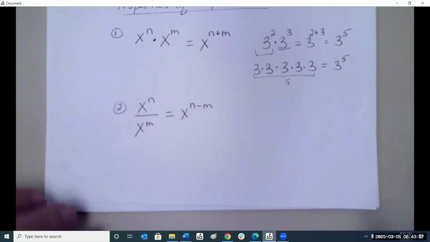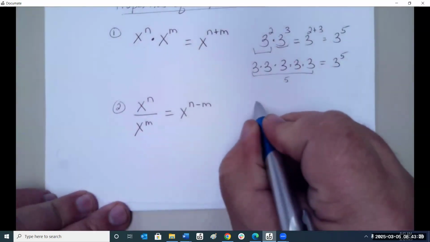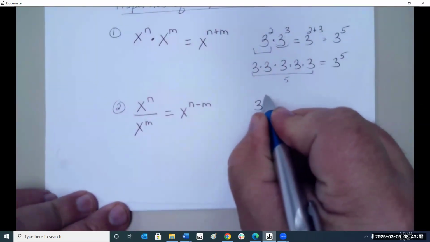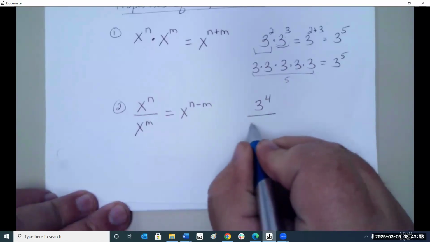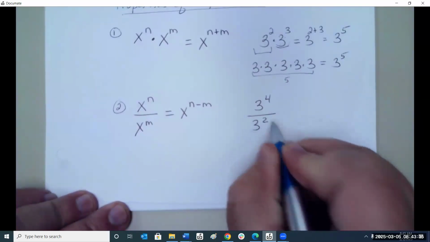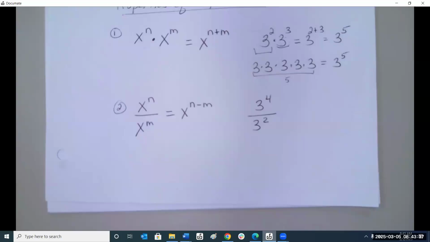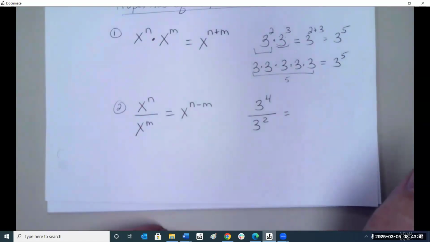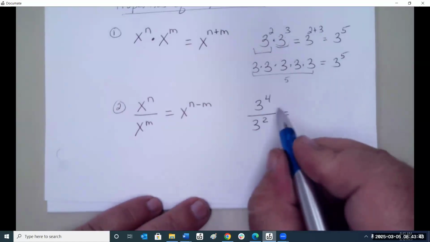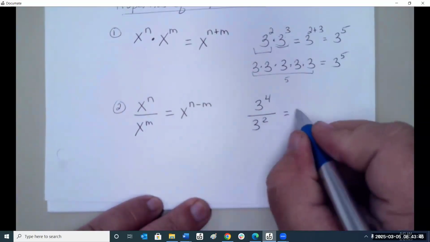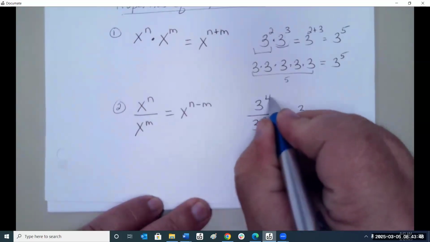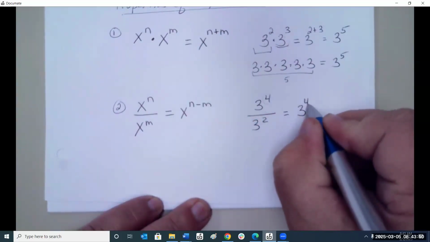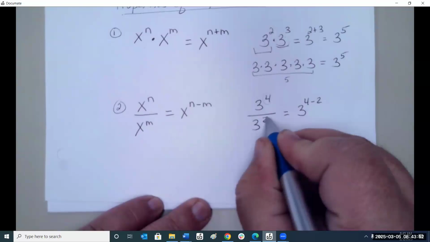Let's look at this. 3 to the 4th divided by 3 to the 2nd. That's allowed. What the shortcut tells us, since they're the same bases, is we take the top minus the bottom.